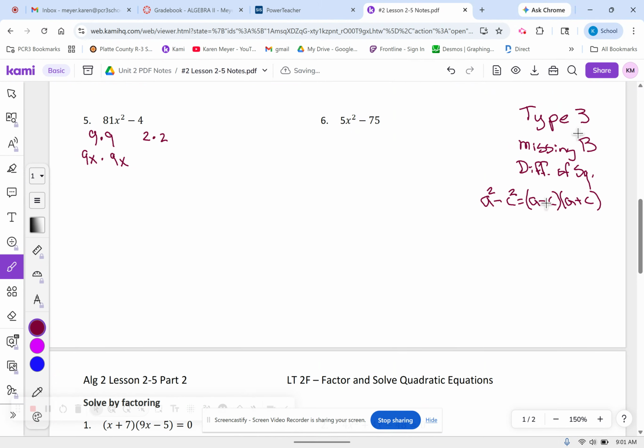And then you notice the signs are 1 minus and 1 plus. So then I would just have 9x minus 2 and 9x plus 2. So you notice the first 9x is the same, 2 and 2 is the same, it's just one is a plus and one is a minus. Done.